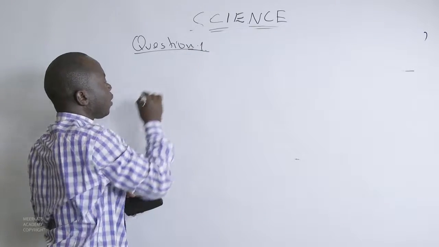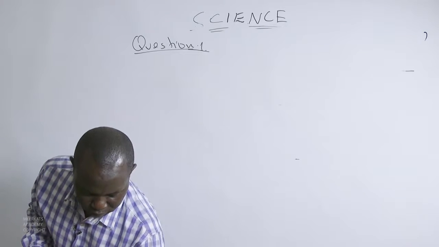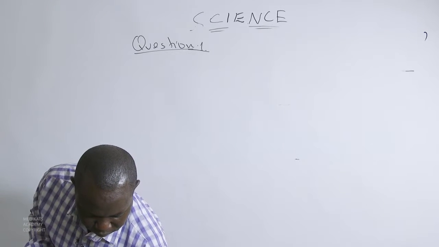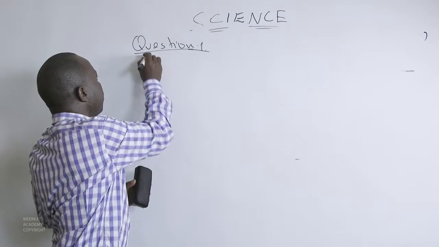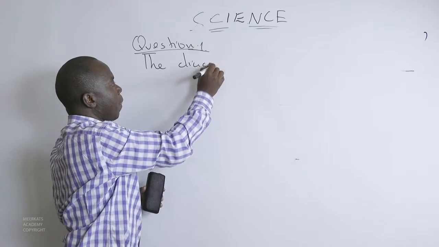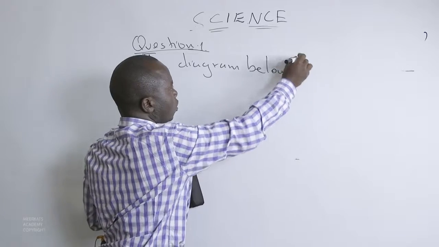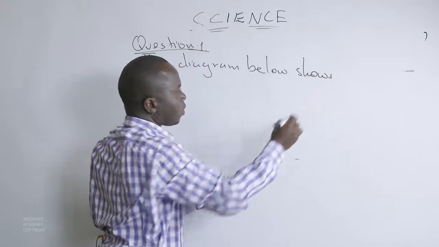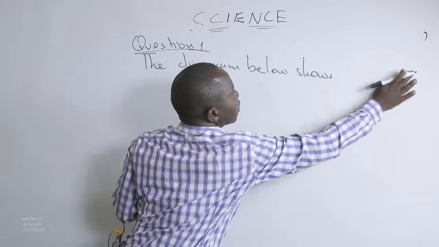Question 1. The diagram below shows pituitary gland and some of its hormones.